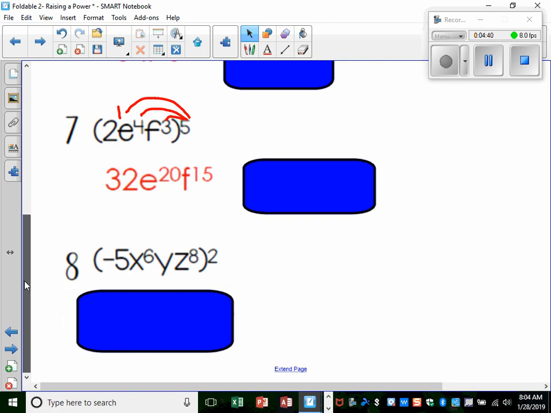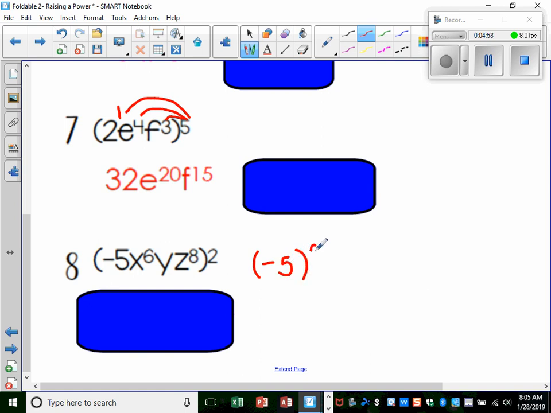So here, you've got to be very careful when there's a negative, because since this is in parentheses, you also put that -5 in parentheses. So if you were to expand this out, it would be a -5 here, raised to the second power. Now, it's important to put those parentheses around it because it does have parentheses. Why? Because this is a different answer. This equals positive 25.